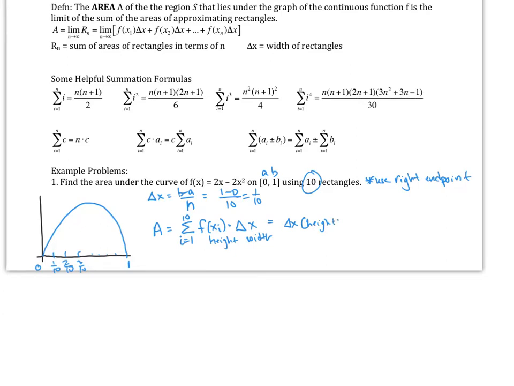Because the delta x will be consistent. So the area will be approximately, and I'm going to take the delta x out, so this will be delta x times all these heights, right? So let me write it down here like this, like I wrote it. So that'll be 1 over 10. Now here I'll have f of x sub 1, f of x sub 2, all the way out to f of x sub 10.